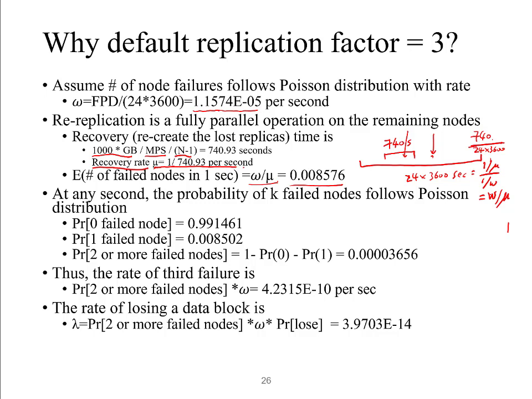Omega divided by mu. All right, so this is the expectation of the number of failed nodes in 1 second.